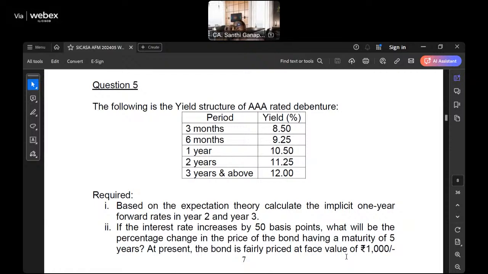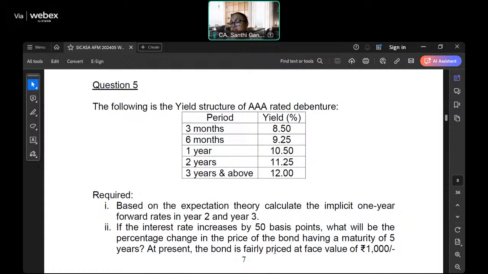This theory assumes that the various maturities are perfect substitutes of each other. As per this theory, the long-term interest rates can be used to forecast the short-term interest rates in the future.